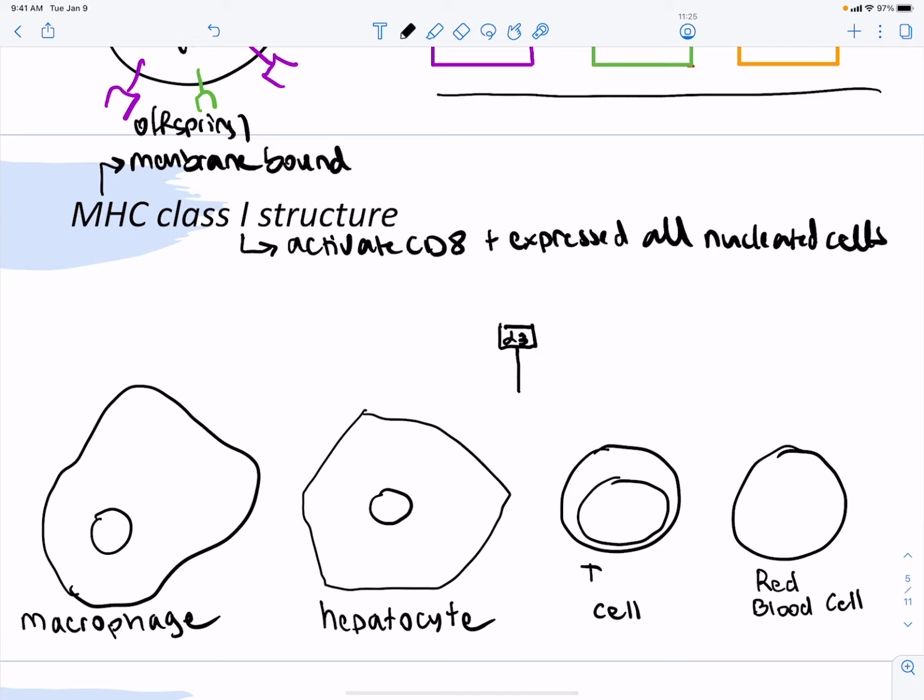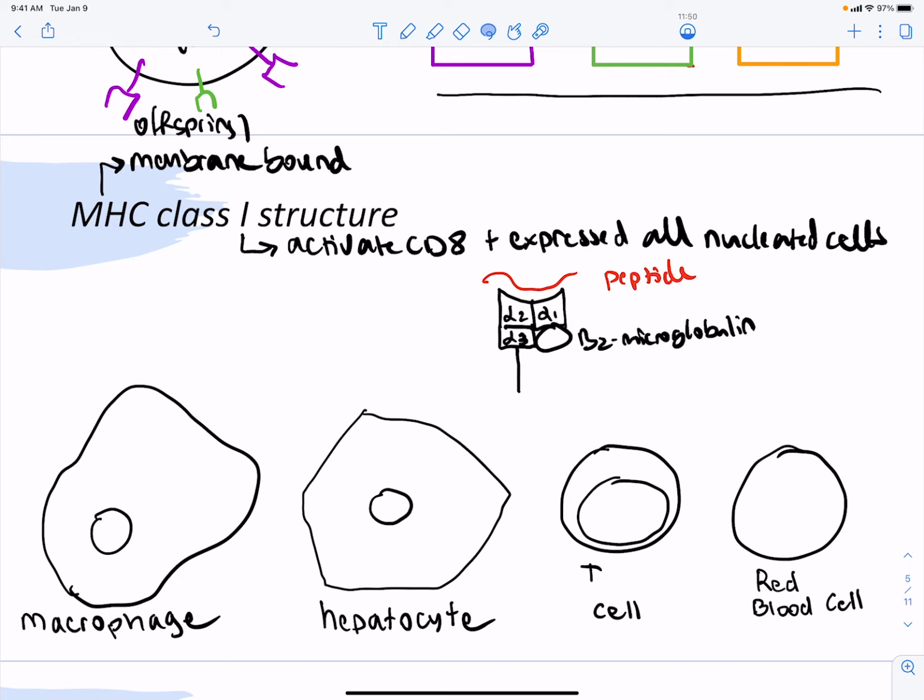You have your alpha 2 and your alpha 1 that make up the antigen binding site. And you have your beta 2 microglobulin. So this is basically the structure. And then the peptide would fit into the peptide binding groove.